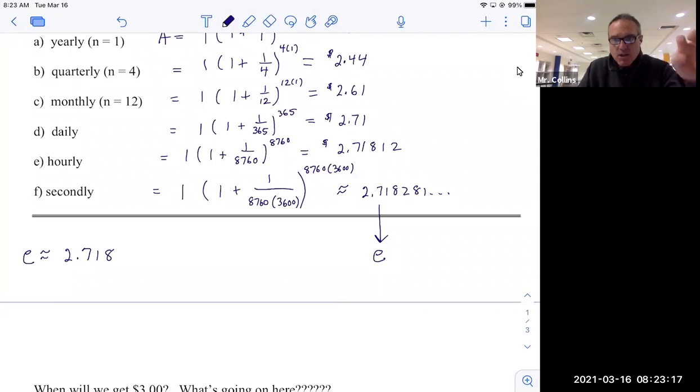It's usually attached to the LN button on the left side of your TI-84, but Desmos would also have an e button. You just got to look for it. It's about 2.718281828459, and it keeps going. It's just like pi. There's no discernible pattern.